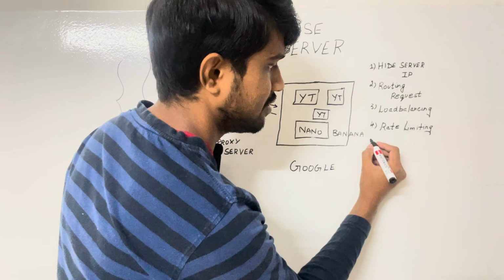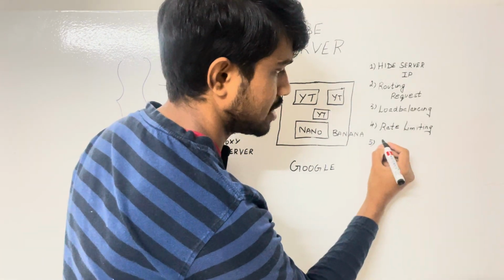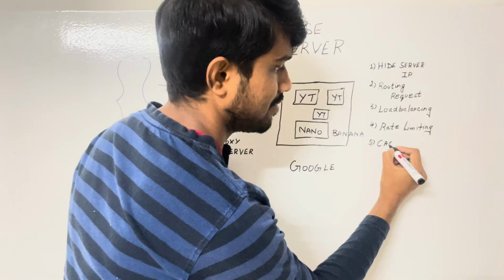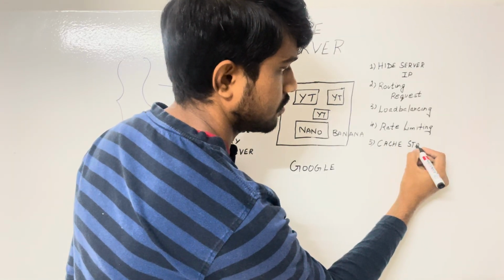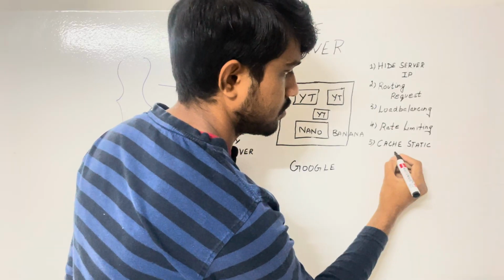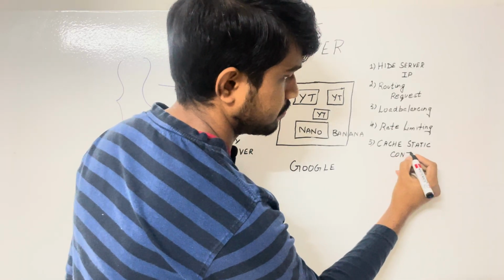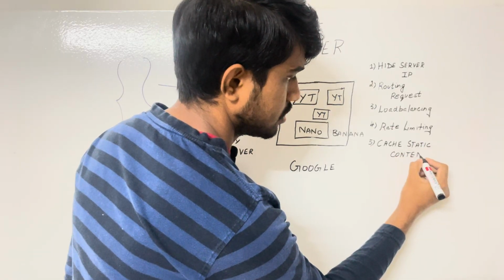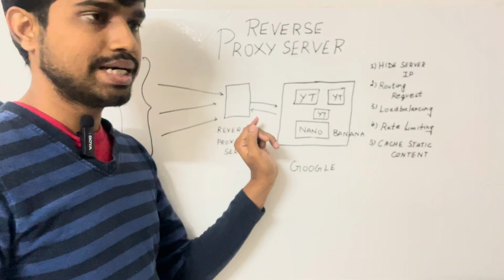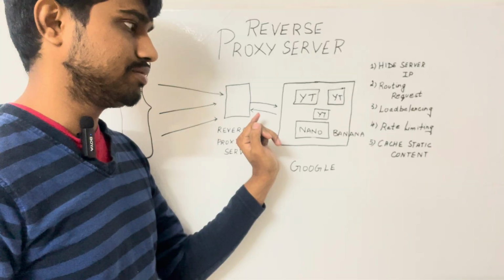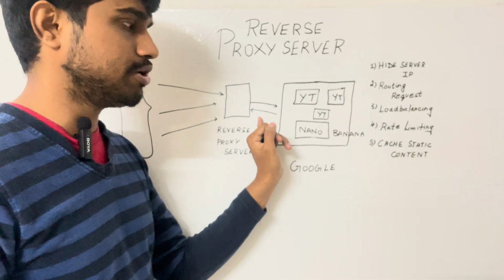So one another thing which is rarely used as well is to cache static content. I don't know how much it is used on the reverse proxy way, or using the reverse proxy concept.